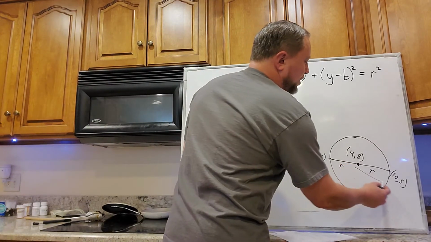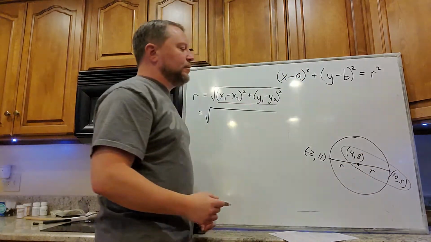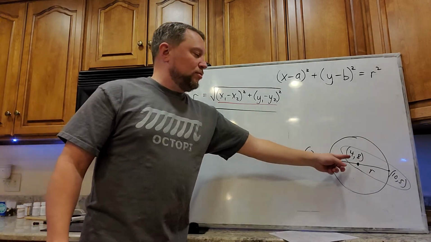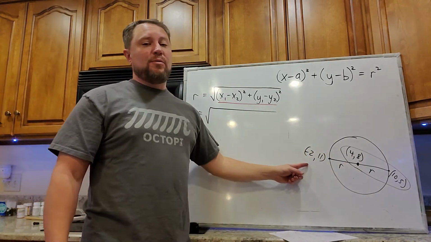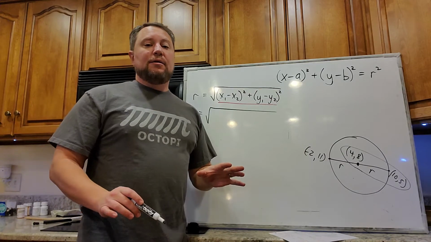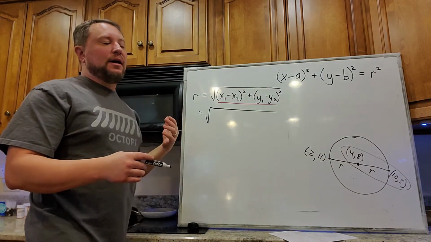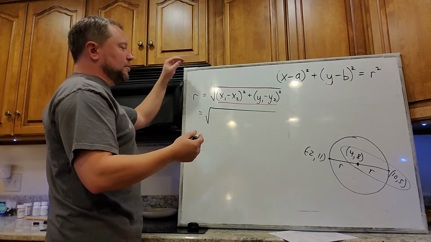So I'm going with (10, 5) and (4, 8) to find my radius. But you could just use the center (4, 8) and the other point as well. It'll work either way. I'm just picking (10, 5) because it has more positive values.